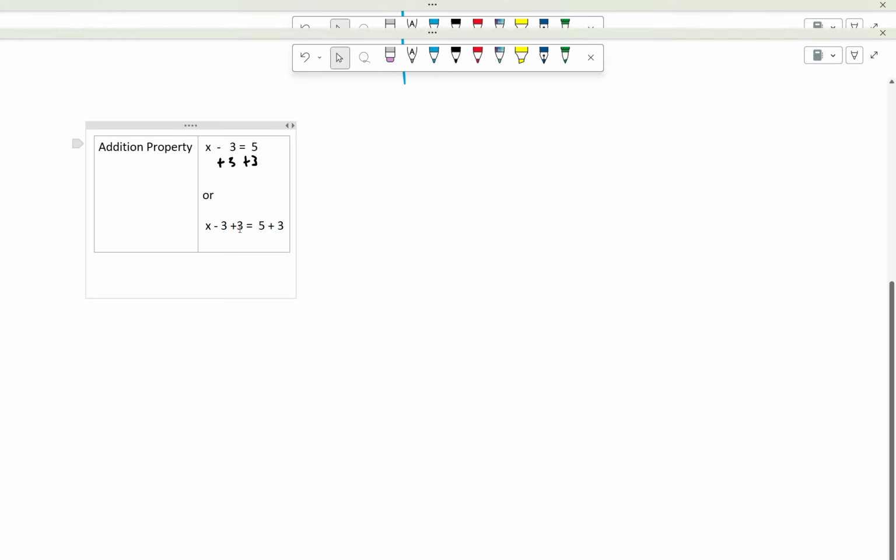Or the other way that we commonly see this done is x minus 3 plus 3 is equal to 5, and then we do a plus 3 on this side. It's the same result either way, where x is going to wind up being equal to 8. Here, we see this performed horizontally, but the one you guys are used to is performing this property vertically.